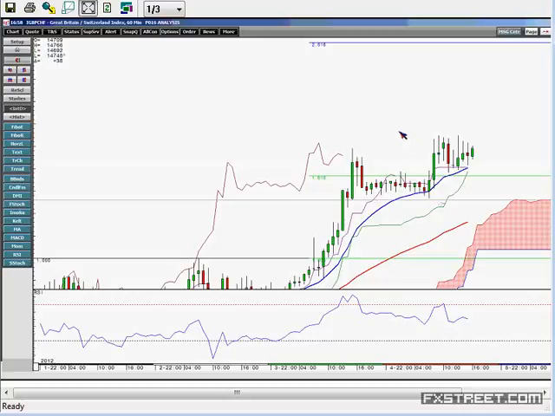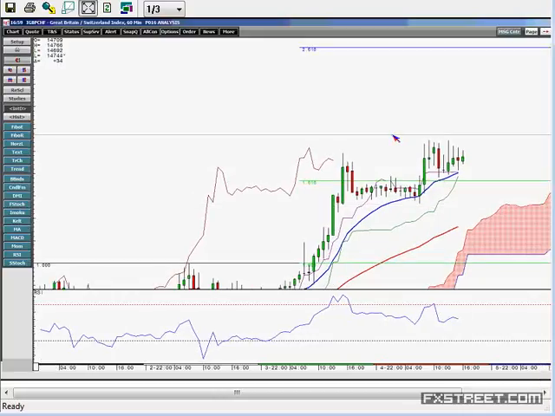I just wouldn't sell Sterling Swiss. I wouldn't sell any Swiss crosses myself. Fundamentally, I think you have to be looking to buy on dips, just because of potential Swiss National Bank intervention.